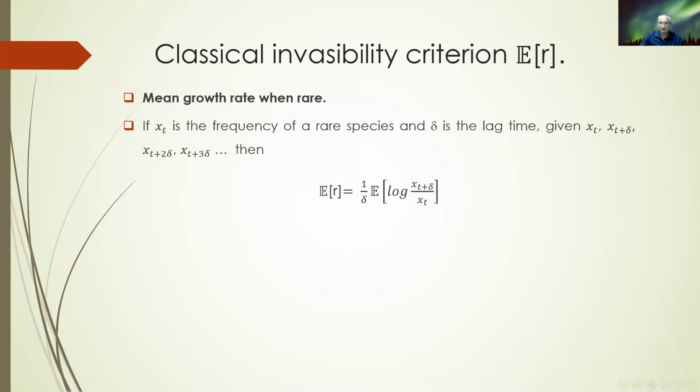I denote it by E[R], the expectation value of R, the growth rate when rare. Practically, if we have a time series of frequencies or abundances like x(t), x(t+delta), x(t+2delta), and so on, where delta is some lag time, then E[R] is defined as the expectation value of the log ratio of 2 consecutive points in this time series divided by delta.